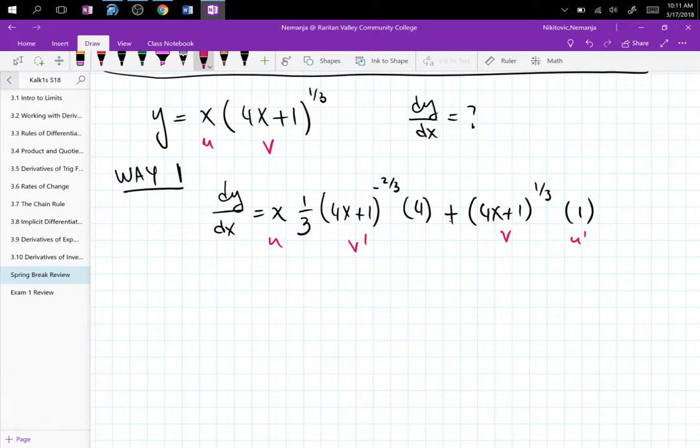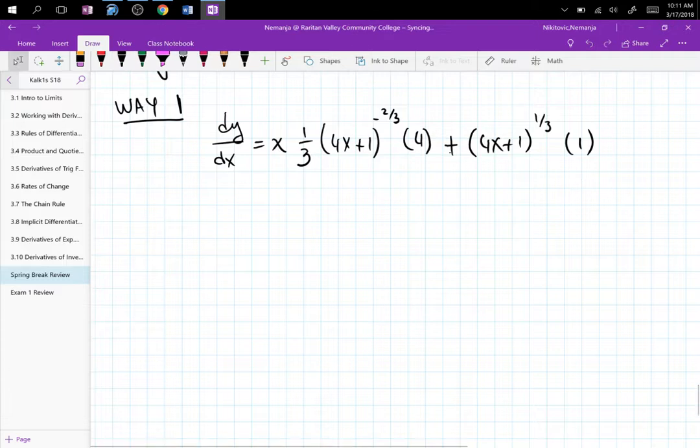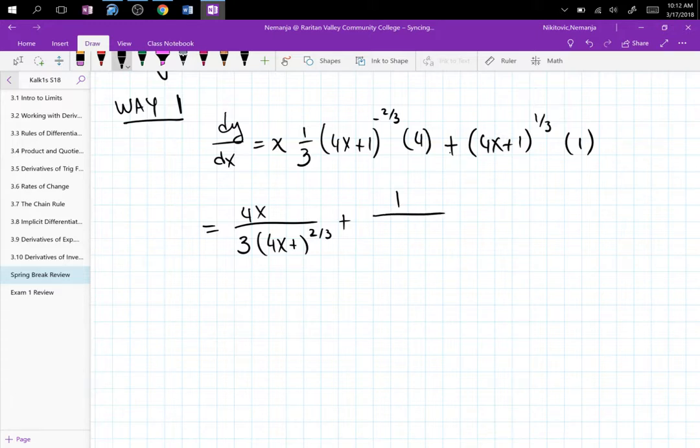And clearly we need to make this now nice. And the way we make it nice is we do the algebra over here. So I have 4x divided by 3 times 4x plus 1 to the 2/3 plus 1 over 4x plus 1 to the 1/3.